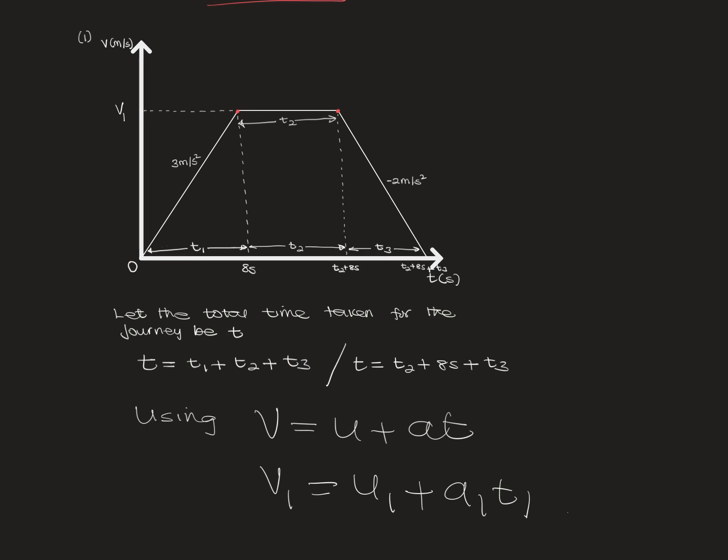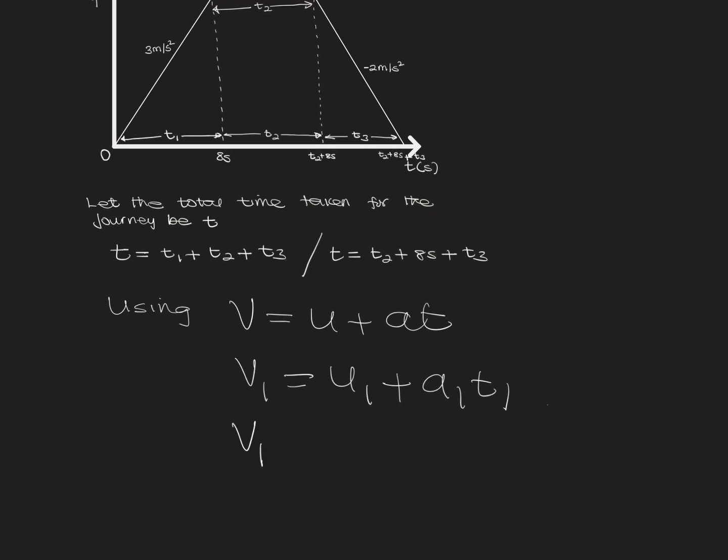If we do that, we can have V1 is equal to U1, which is the initial velocity. It started from rest, so it will be 0, plus the acceleration is 3 multiplied by the time is 8. So we'll have V1 is equal to 24 meters per second.